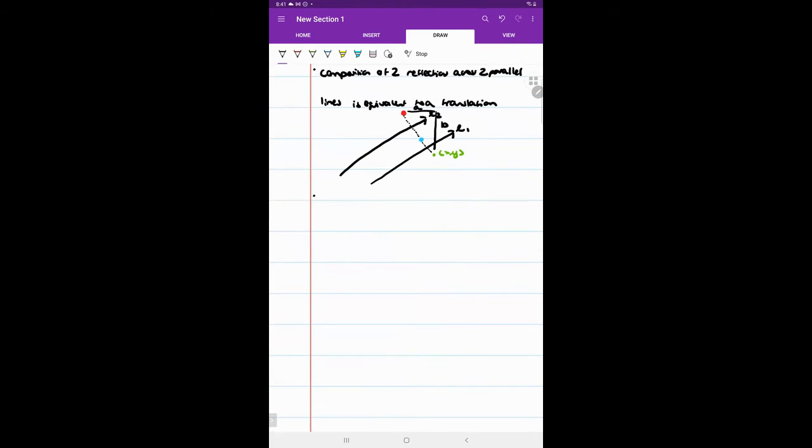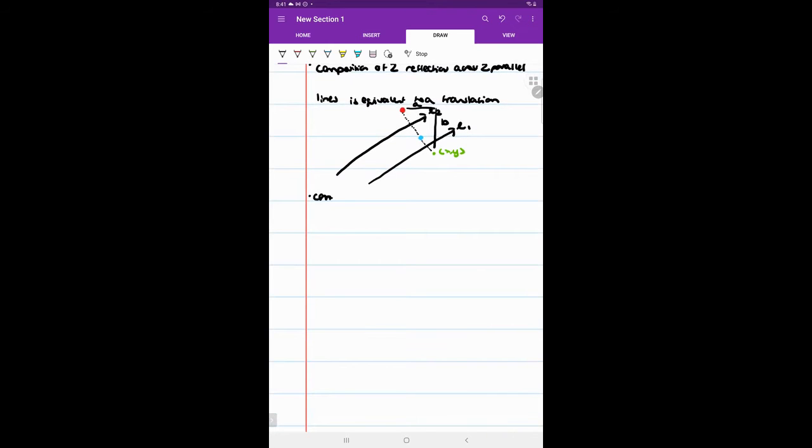Now, composition of two reflections over two intersecting lines is equivalent to a rotation.